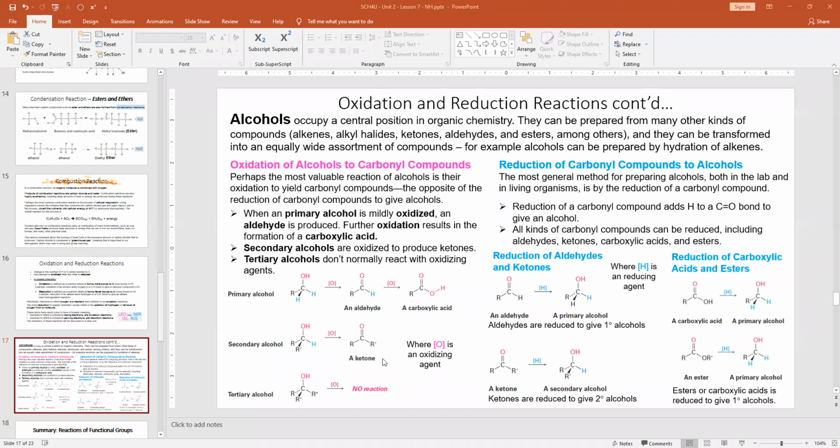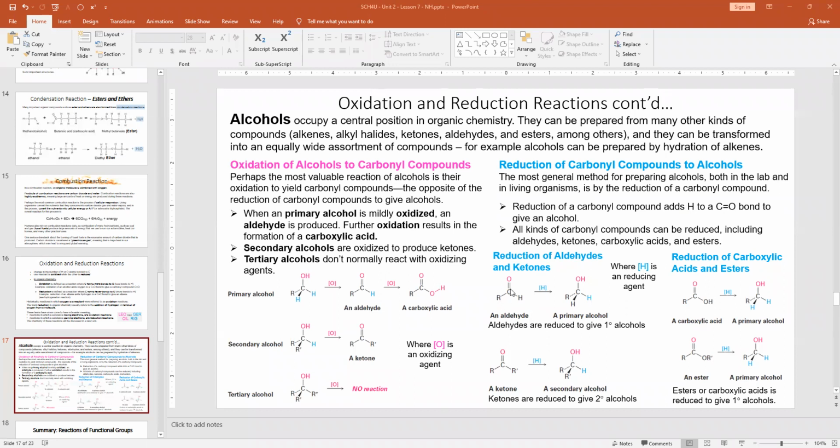So now we can look at the opposite of this, which is the reduction of carbonyl compounds to alcohol. The most general method for making alcohols in the lab and also in living organisms is through the reduction of the carbonyl compound to produce an alcohol. A reduction of a carbonyl compound adds an H to a C double bond O to give an alcohol.